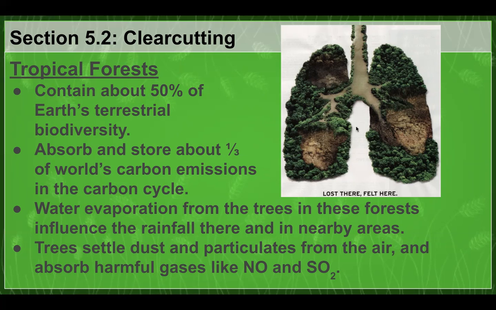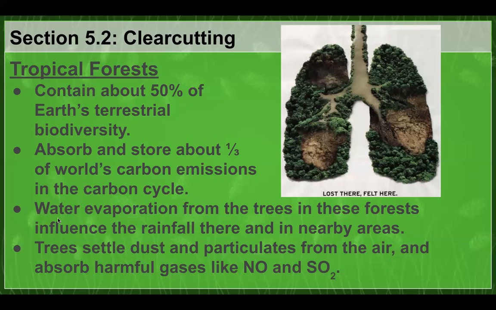So that's why these are called the lungs of the world. Obviously, lungs do the opposite. They take in oxygen and release carbon dioxide, but we're calling these the lungs of the world because they help with the production of oxygen for all of us that do have lungs.